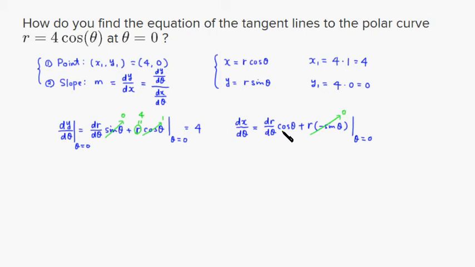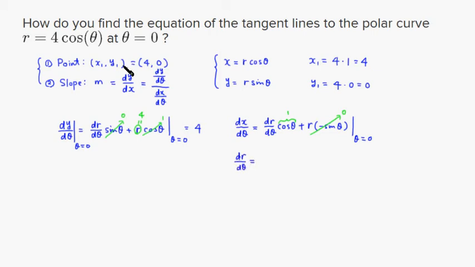So this part is going to be 1, and here this is dr over d theta, the derivative of r with respect to theta. What's dr over d theta?